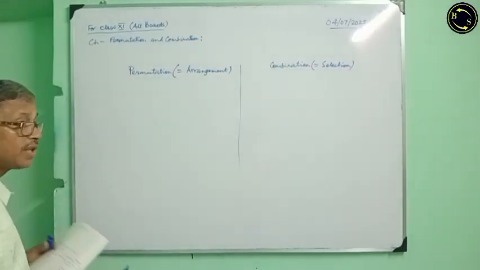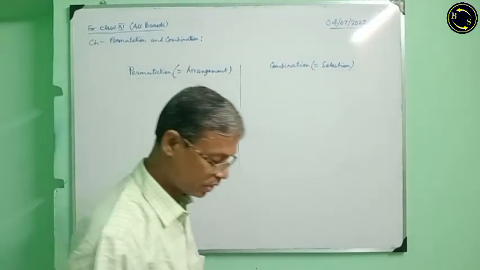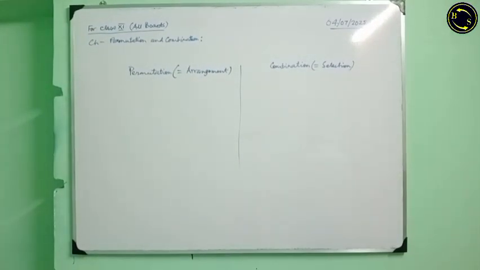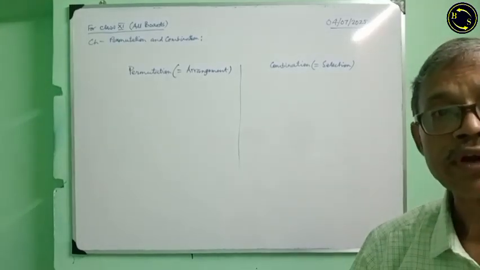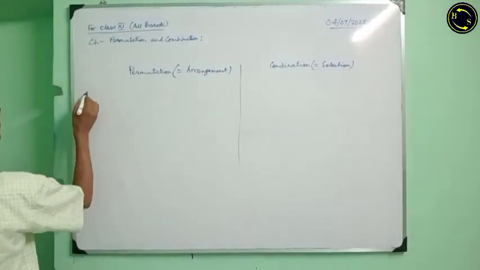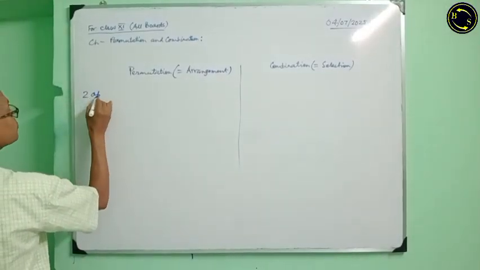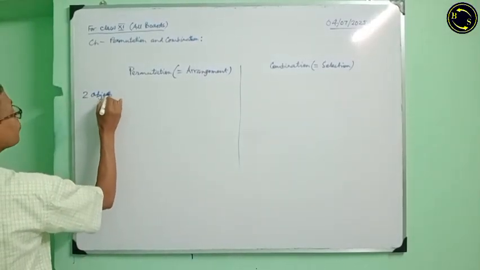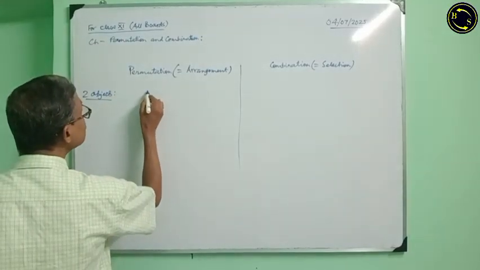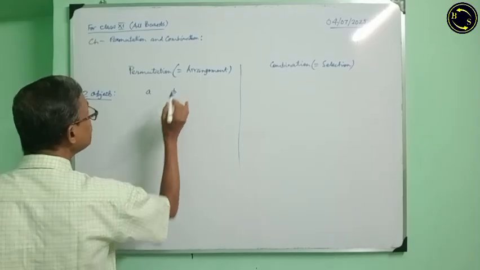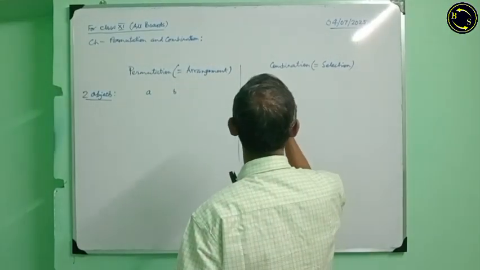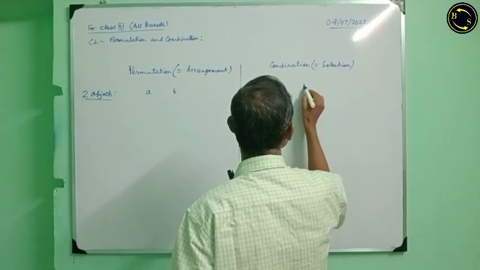I take examples to discuss. First of all, we consider different things. We take two letters, A and B. In this case also, two letters.